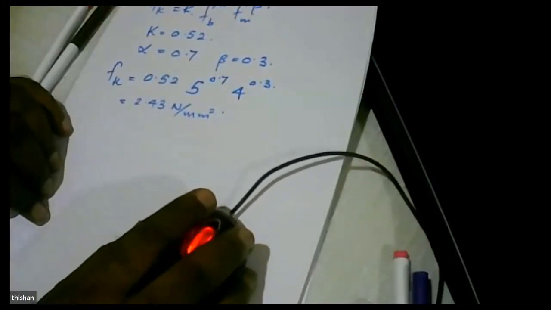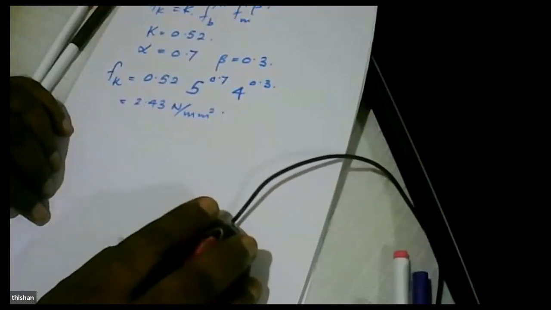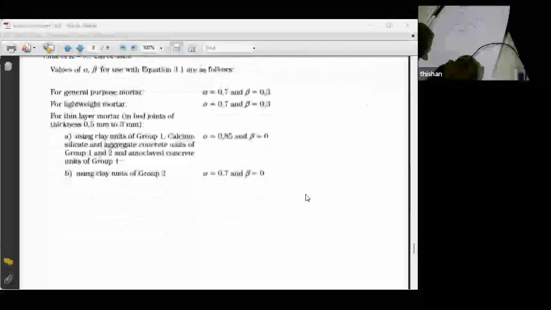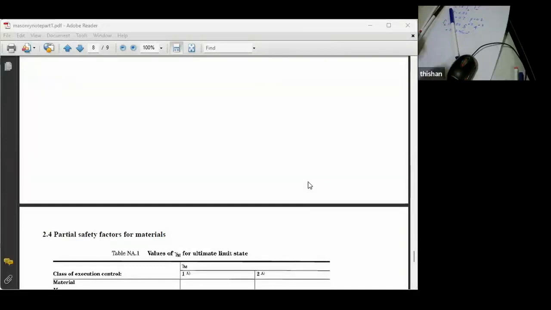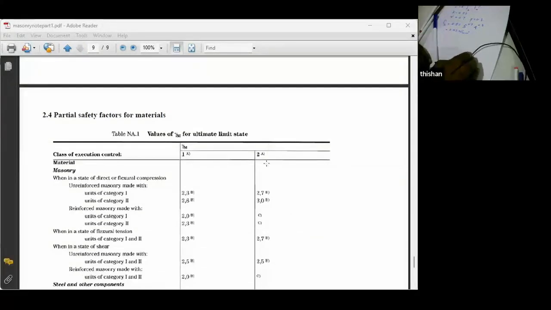Now I'm going to share the screen again. So if you look at another important parameter, when the state of direct flexural compression, unreinforced masonry made with units of category 2, we can have 2 gamma m values, and the important thing about load bearing construction is you have to do the construction properly with reasonable quality control, and so you can use, if you want, 2.6.